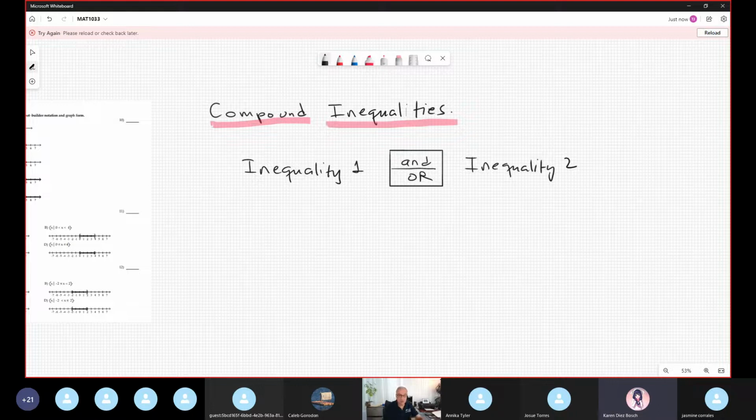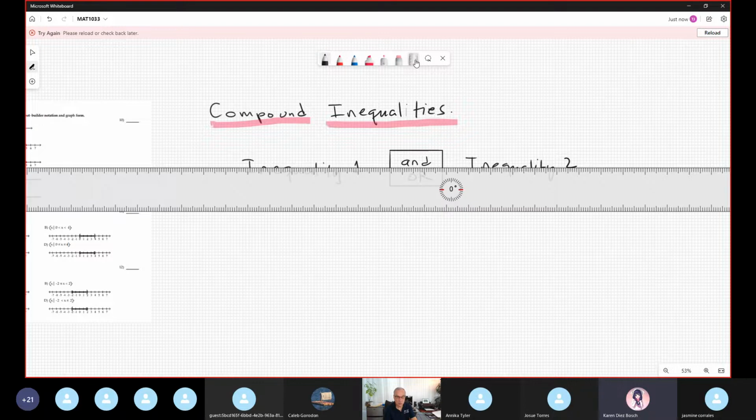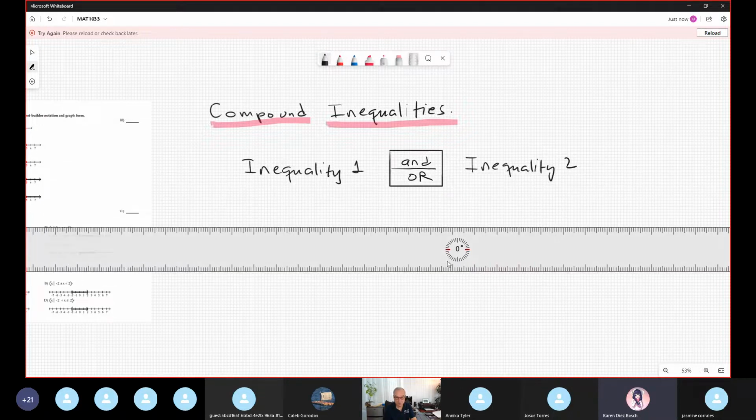So basically, a compound inequality is two inequalities, but sometimes the connection between the inequalities is using the conjunction and, or using the conjunction or. Let me explain it then. Suppose again our famous real number line.